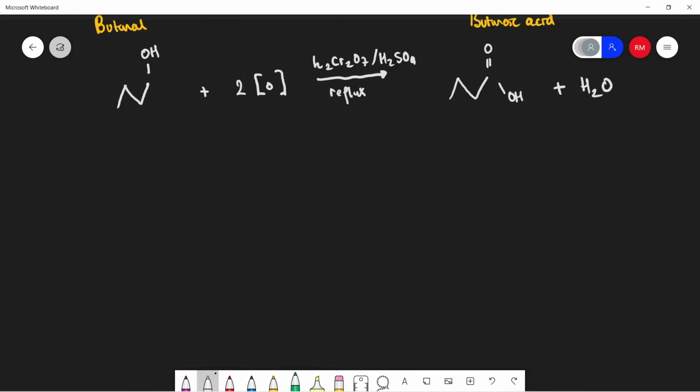And then the final reaction we have to look at here is one that forms a ketone, and we're going to be looking at a secondary alcohol. We're just reacting it with our oxidizing agent. This is also under reflux.